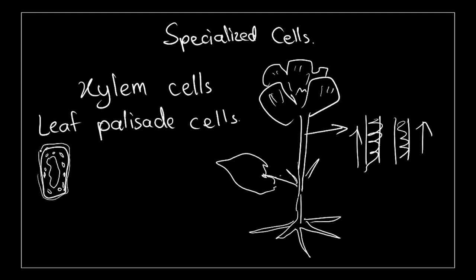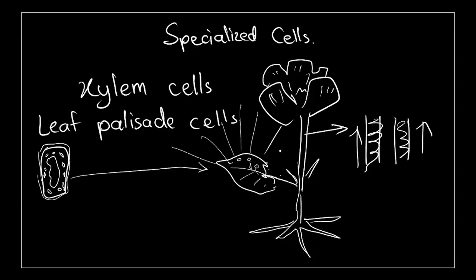I just drew a bit of it. It's really not a good drawing, I have to say. These are found in the leaf. They contain a lot of chloroplasts for photosynthesis. Of course they're on the leaf because in the leaf the sunlight is captured, and it is done by the leaf palisade cells.